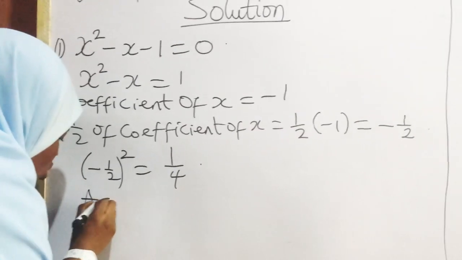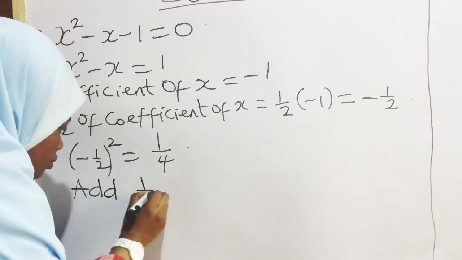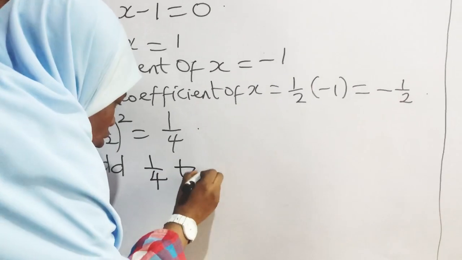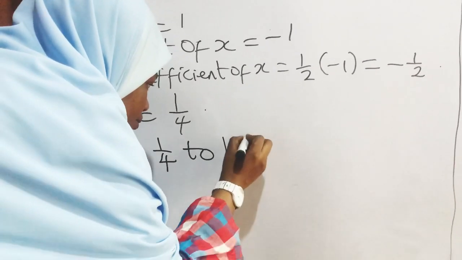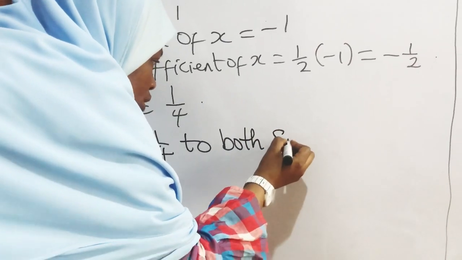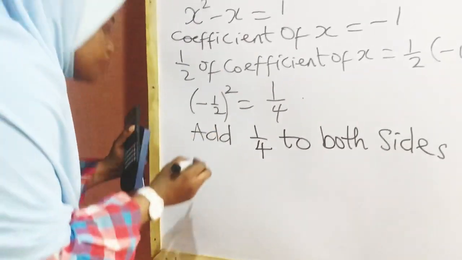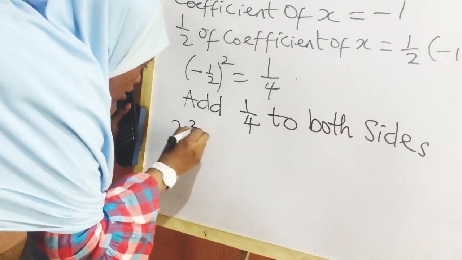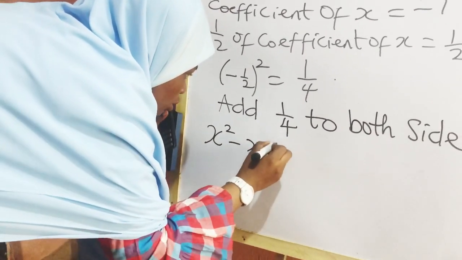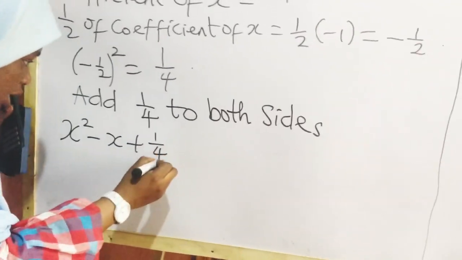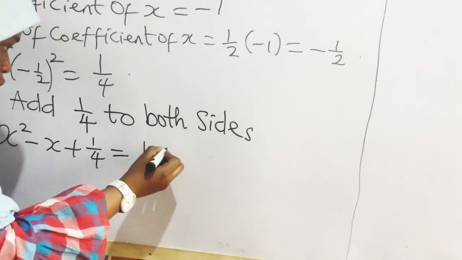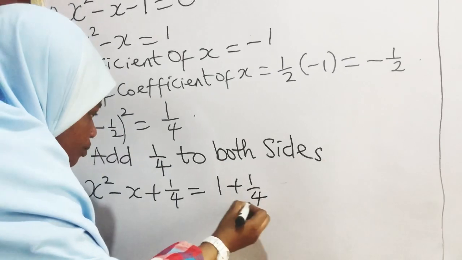Add 1 over 4 to both sides of the equation. So x squared minus x plus 1 over 4 is equal to 1 plus 1 over 4.